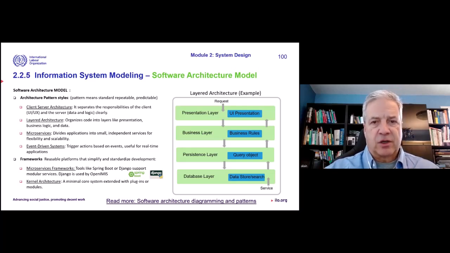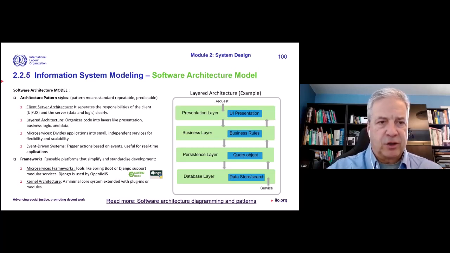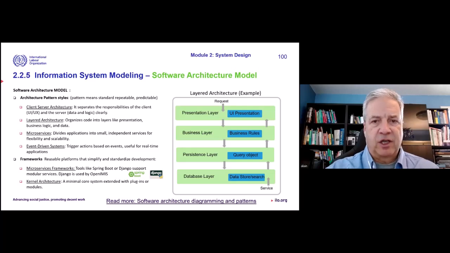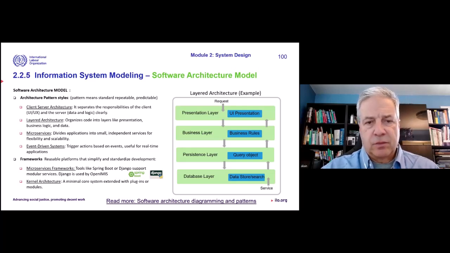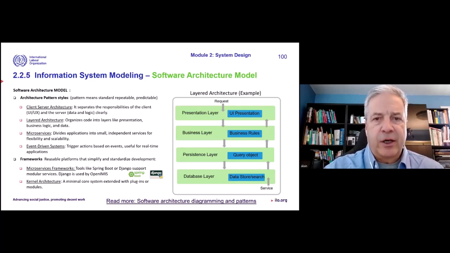There are all sorts of models, and the representations used are more for the IT specialists to understand each other, and the type of representation varies a lot depending on the technology they're using. So here is an example of what we call the layered architecture.